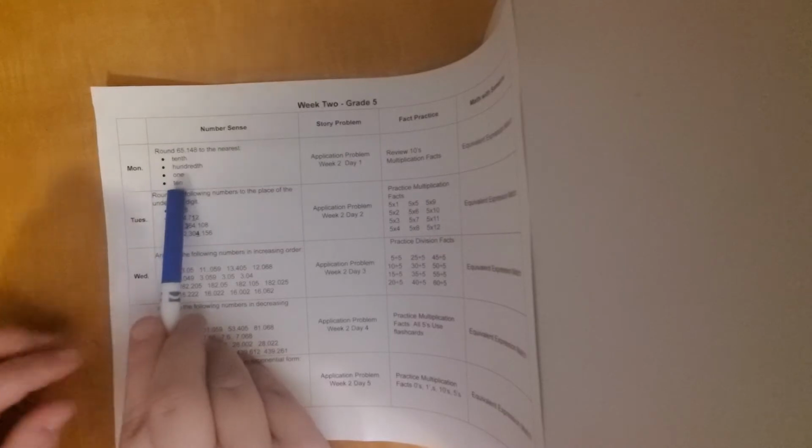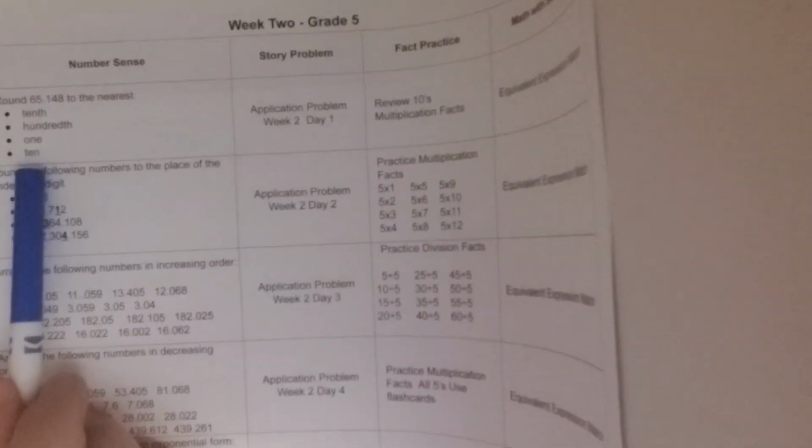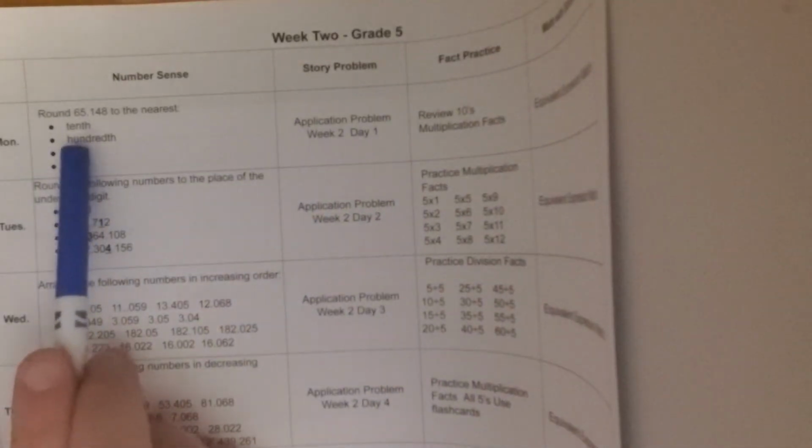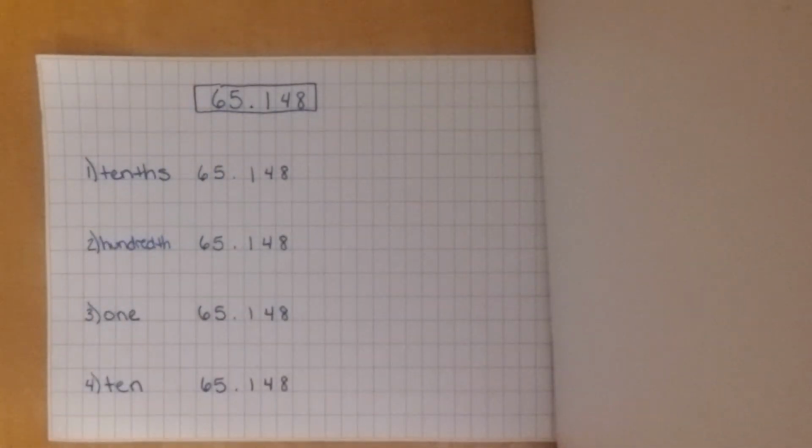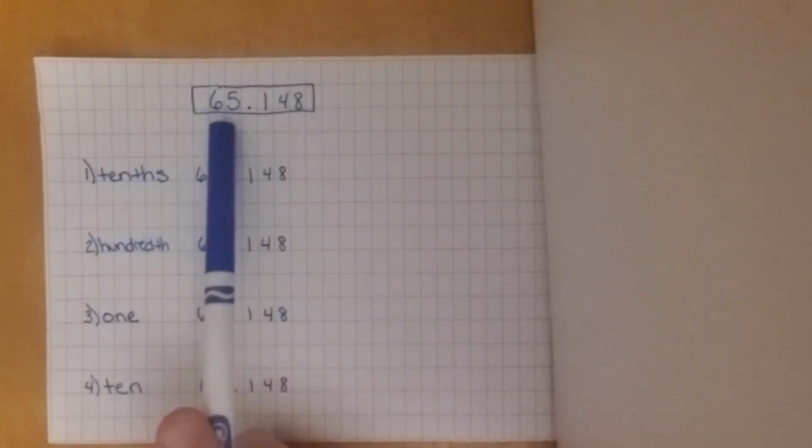If you look on your sheet, we've got basically a number that I need to round to specific place values. I took that and made it a little bit bigger for you so it'd be a little bit easier to see. So if you look, I'm dealing with this number up here. Try to say it, see if you get it right. Ready? This part's easy. I have 65.